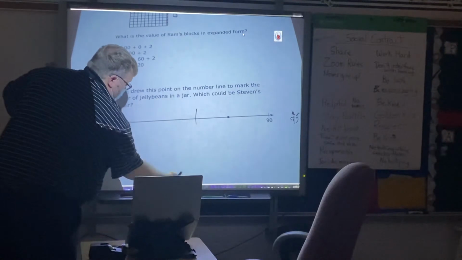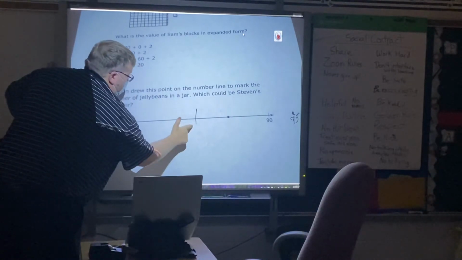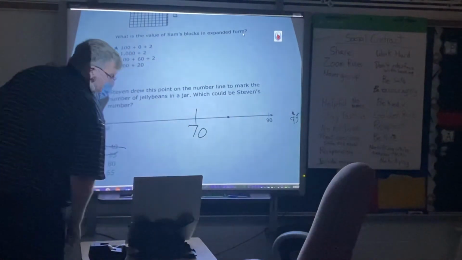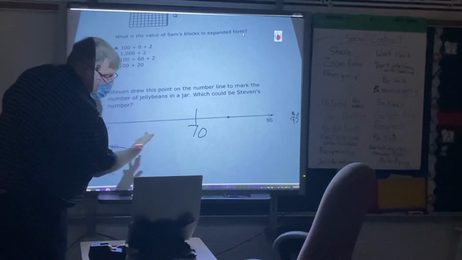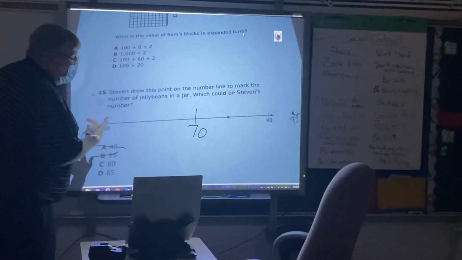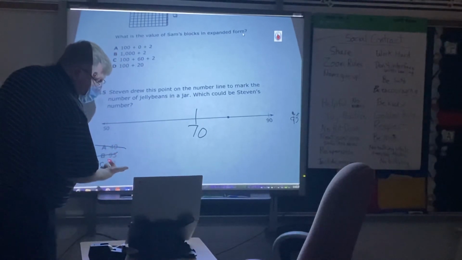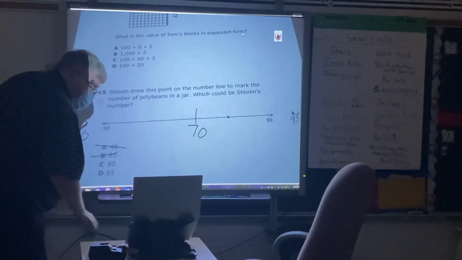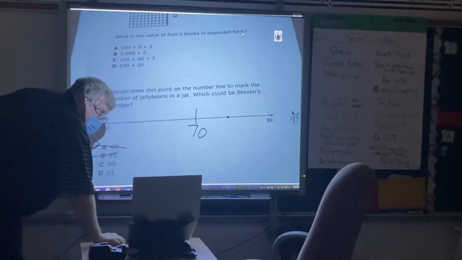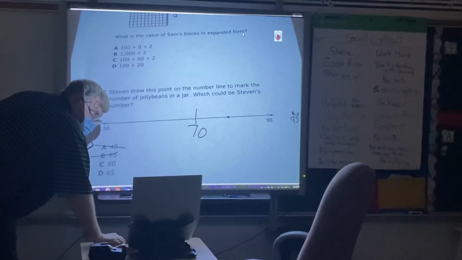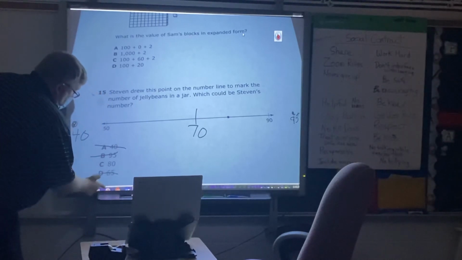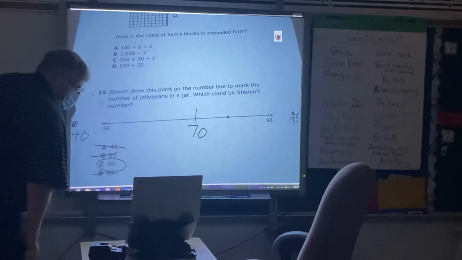Silly Mr. Clem, tricks are for kids. So halfway between 50 and 90 is 70. So we know it has to be bigger than halfway. Is 65 bigger than 70, Eli? Nope. So that's out.